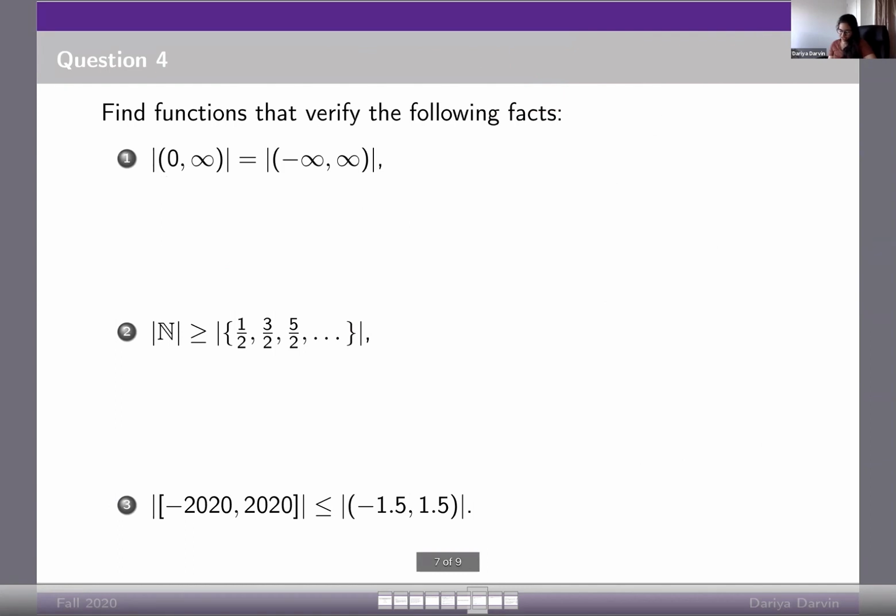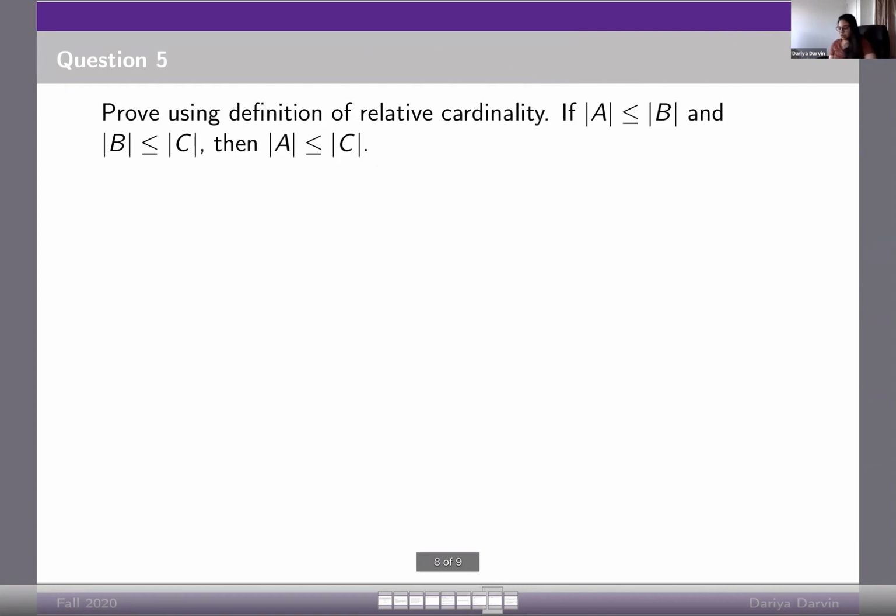There's 4 more minutes. Okay, I won't do the actual proof. I'll post the proof for this, but this says prove using the definition of relative cardinality. This is true. Can someone just tell me what this means? Can you translate it to the definition? Remember, the definition is if I have this, then I can find a function from A to B such that f is an injection.